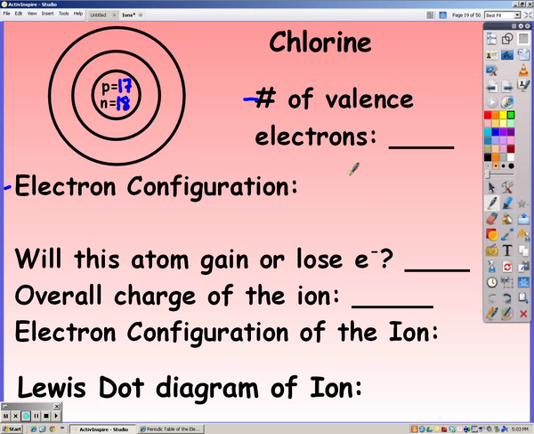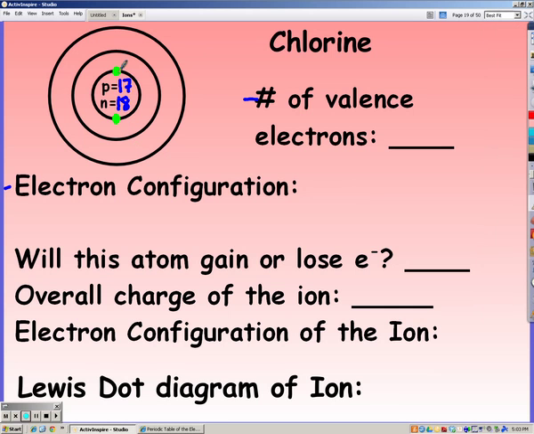It has 2 in the first ring, 8 in the second ring, and 7 in the third ring. So we have 7 valence electrons, and our electron configuration is 1s2, 2s2, 2p6, 3s2, and 3p5.